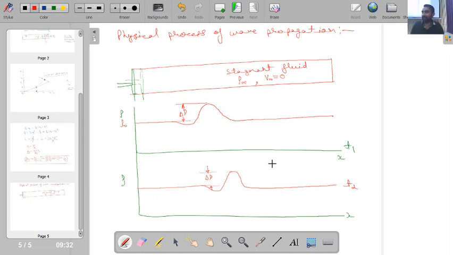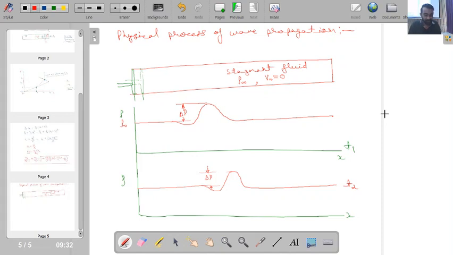Now it is important to understand that when this disturbance has been created, does it move by maintaining its shape throughout the entire tube, or does its shape also change? That is actually important to understand.